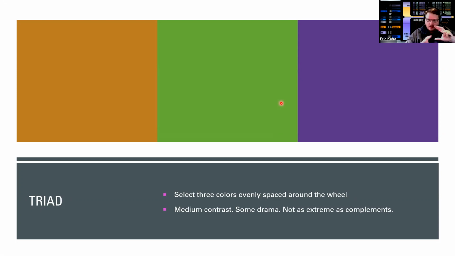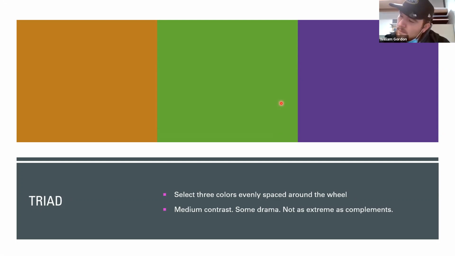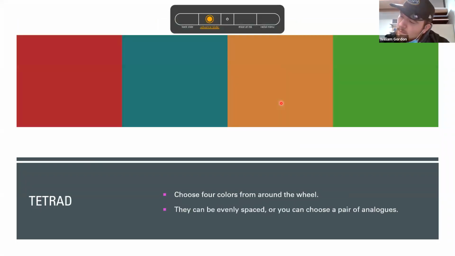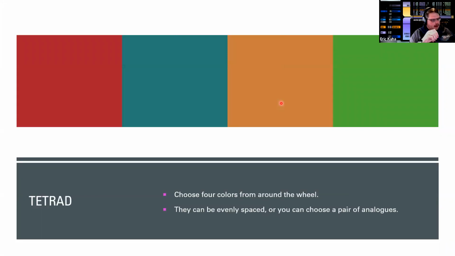This gives you relatively good contrast and a little bit of drama, but not the extreme tension of having two colors that are completely opposite each other. And then a tetrad, you can take four colors from around the wheel. They can either be evenly spaced, like a square, or a little bit closer, so you have basically two pairs of analogous colors.